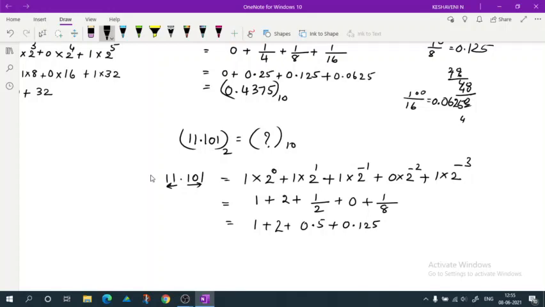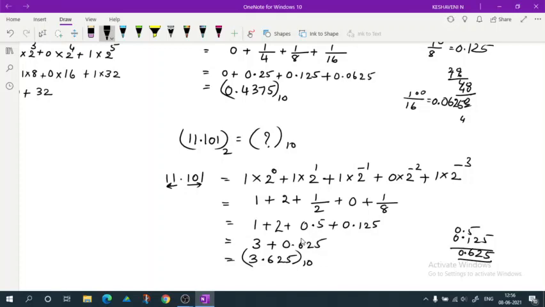Already I have shown you at the top here. Therefore this can be written as 2 plus 1 is 3 plus 0.5, 0.125, don't be confused, like this 5, this is 2, this is 6. So 3 plus 0.625, that's equal to 3.625. 3.625 in decimal. This is the answer.